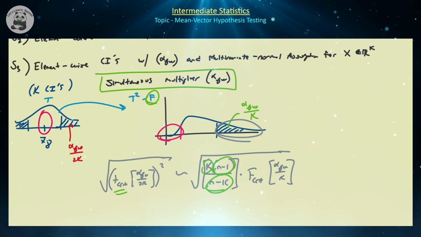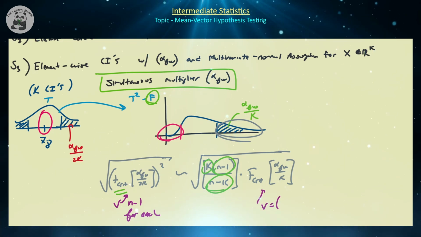Right. So in terms of degrees of freedom, keep in mind that the degrees of freedom for this t critical value was n-1 for each of them, and the degrees of freedom for this is going to be equal to k and n minus k for each of those k confidence intervals.